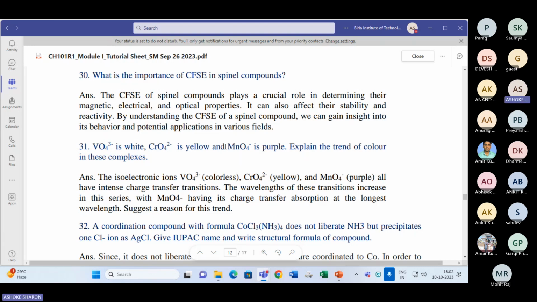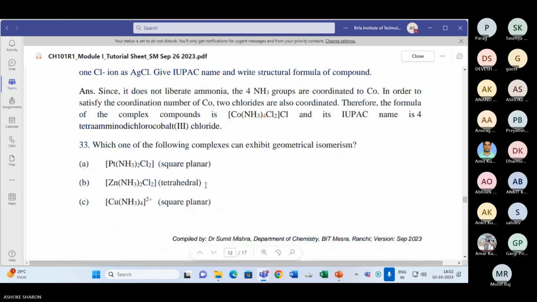For permanganate, the charge transfer transition takes place and some part of it appears in the visible region. That's why it is highly colored. Chromate is also highly yellow colored, as that also appears in the visible region, a certain tail. But for vanadate, its tail doesn't come in the visible region. It lies in the higher UV region itself, so that's why it is colorless.